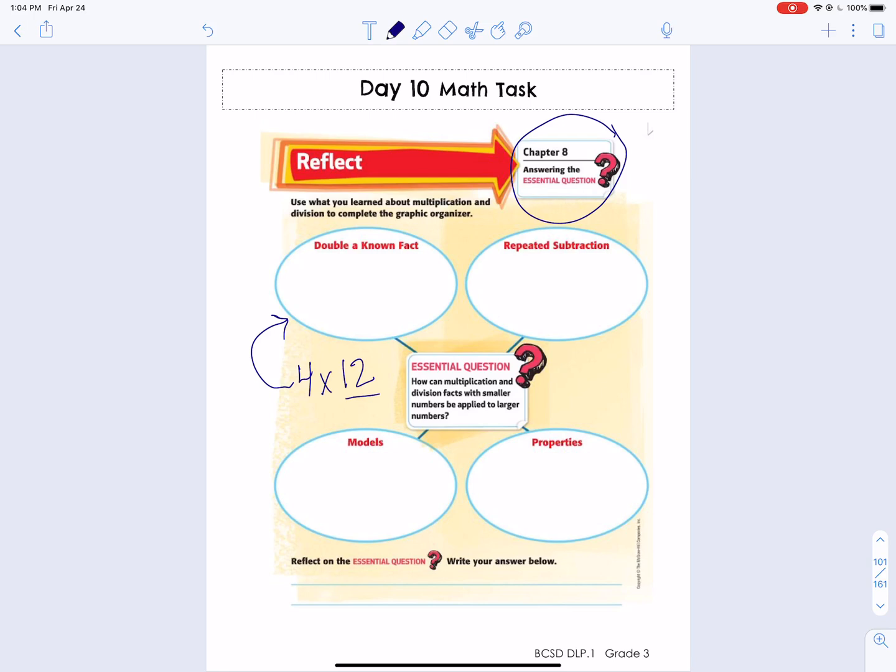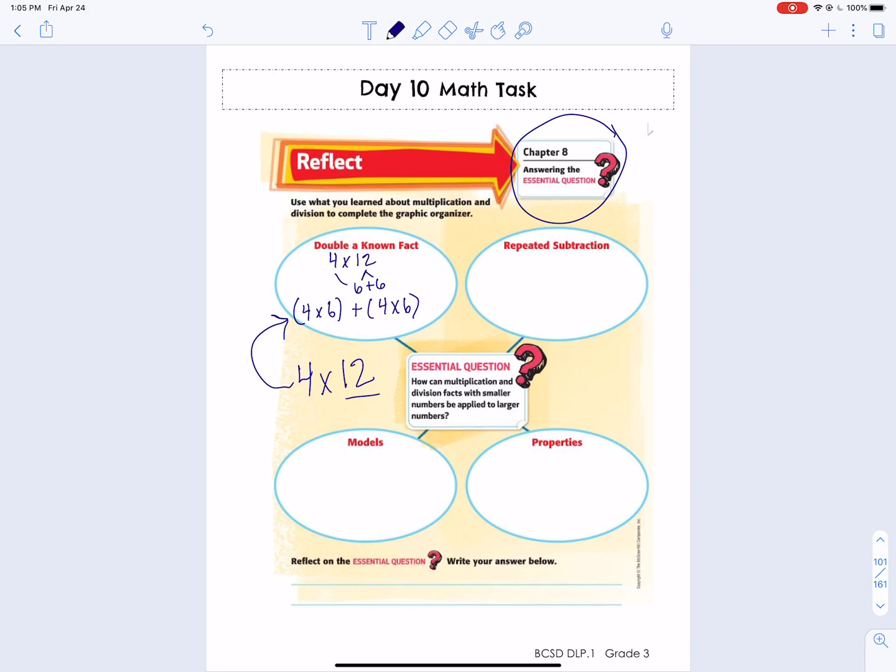And when we double a known fact, what we learned earlier this week was we can split apart one of the factors, and in this case, I'm going to split this apart into 6 plus 6. And in doing that, I'm going to make 2 math facts now. So now I'm going to write 4 times 6, and I'm going to double it or add the same exact math fact, 4 times 6, because I split the 12 apart into the exact same number, 6 plus 6.